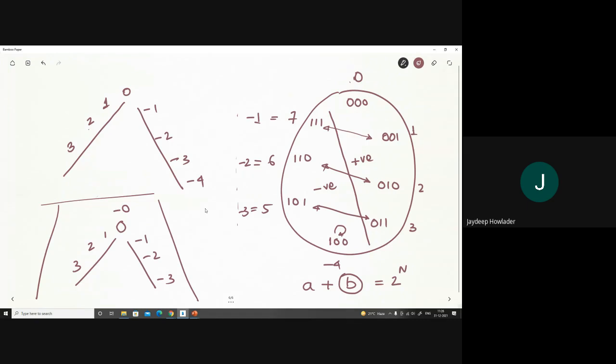So this pair A and B is unique, because the result of the sum is 2 to the power n. Now I name these: this is the positive and this is the negative, or vice versa. If B is positive, then A will be negative. Do you get this point?